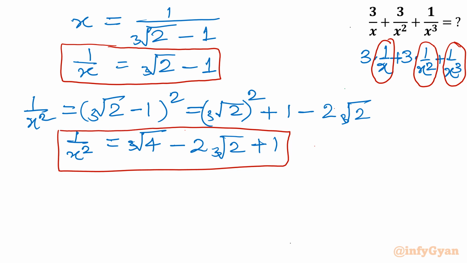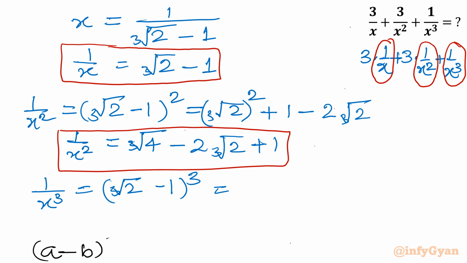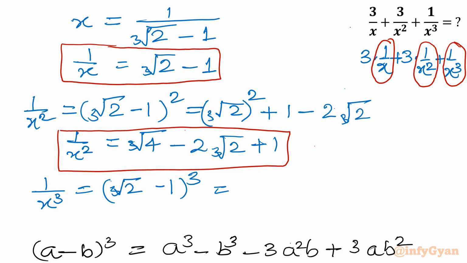Now let us calculate 1 over x cube. So I will consider the cubing both sides. So 1 over x cube will be cube root of 2 minus 1 whole cube. Now I will use one identity, a minus b whole cube. Let me write the formula a minus b whole cube. It is a cube minus b cube minus 3a square b plus 3ab square.